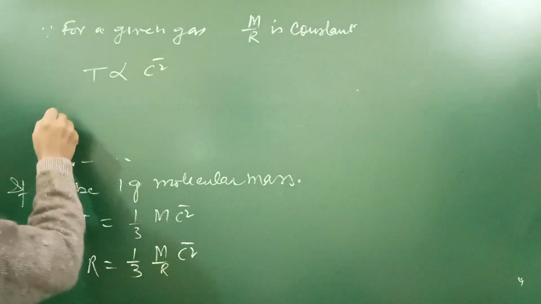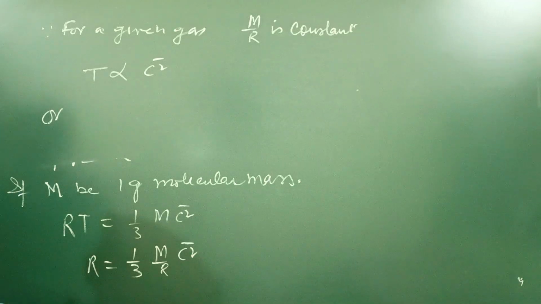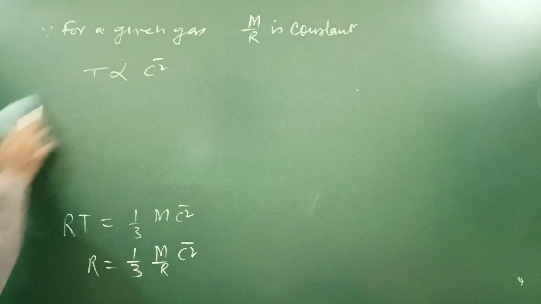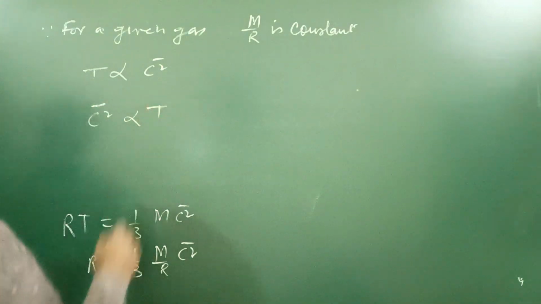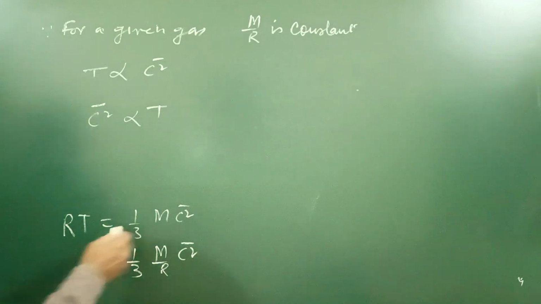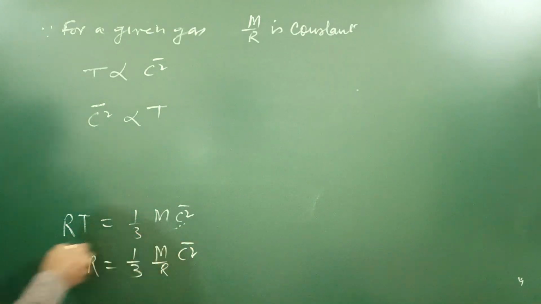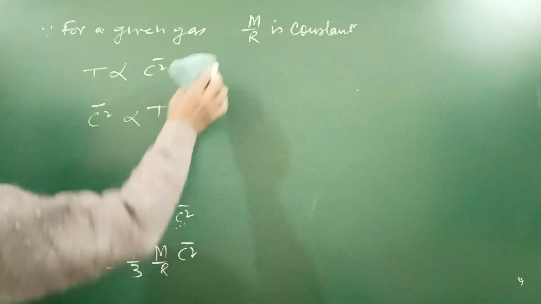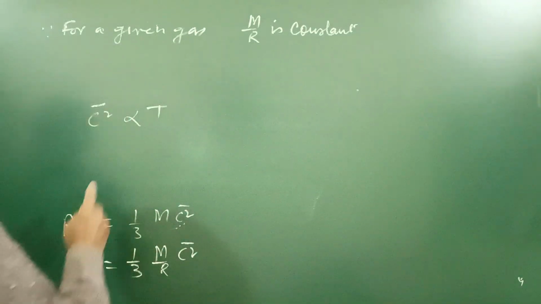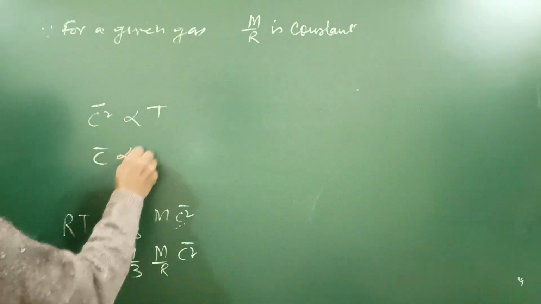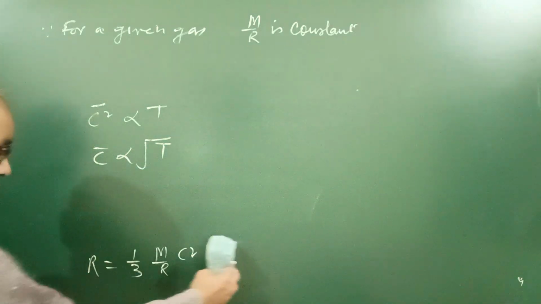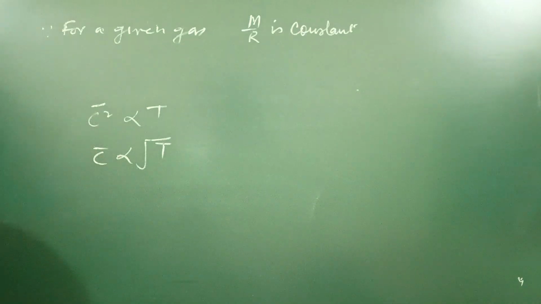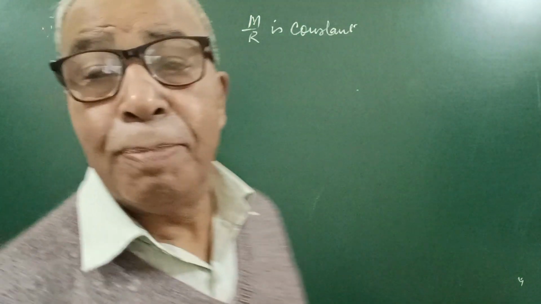You can write c square bar proportional to T also, and c bar proportional to under root T, where T is the absolute temperature of the gas.